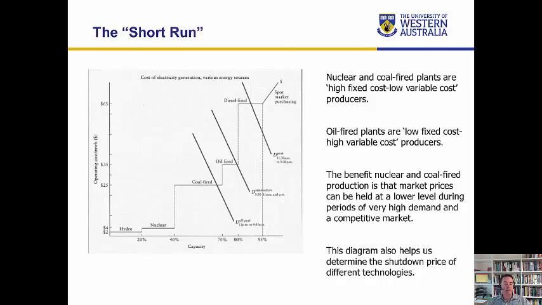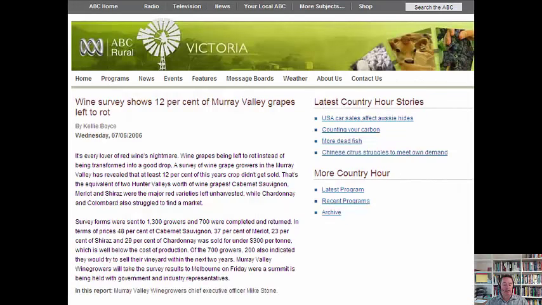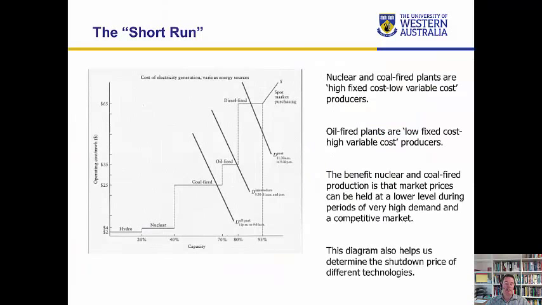Same with nuclear, very high fixed costs, but that's not relevant in determining the marginal cost curve, which is a supply curve. We only focus on the variable costs. Then coal-fired is the next cheapest in terms of variable production costs, then oil-fired, then diesel-fired. And so that's another example of a real-world marginal cost curve or a real-world supply curve.